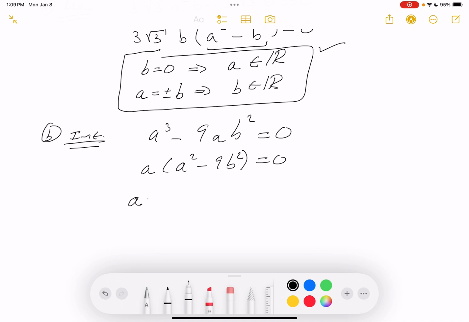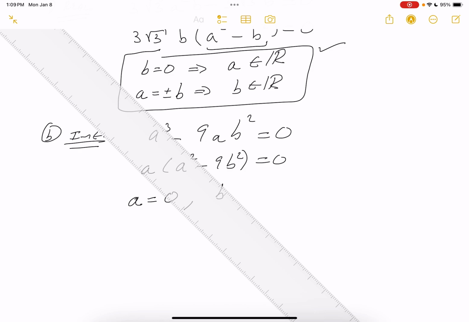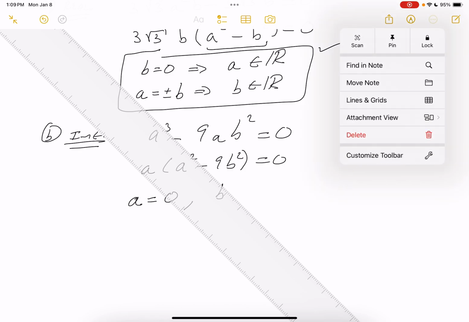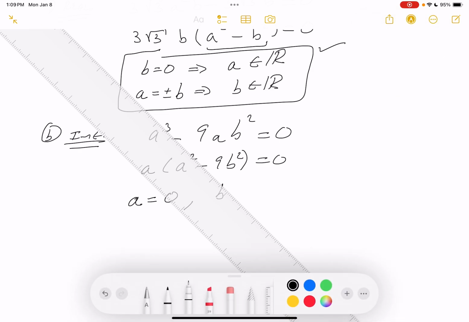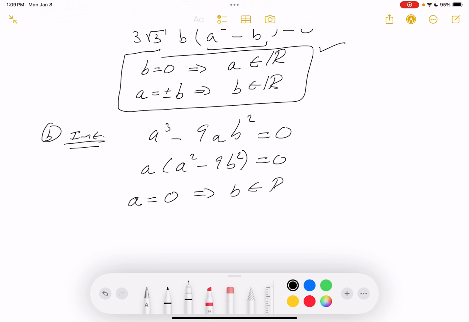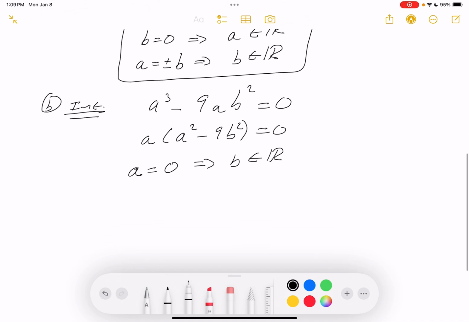So if a is 0, then b could be any real number. Now, why is that? If a is 0, 0 times anything is going to give you 0. So that's pretty good. What else could it be?